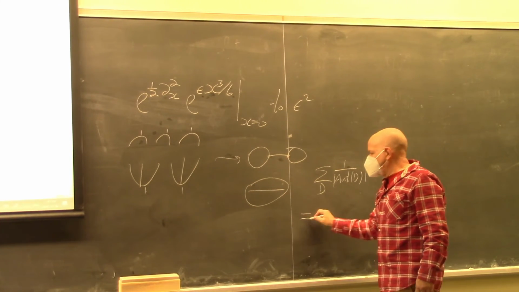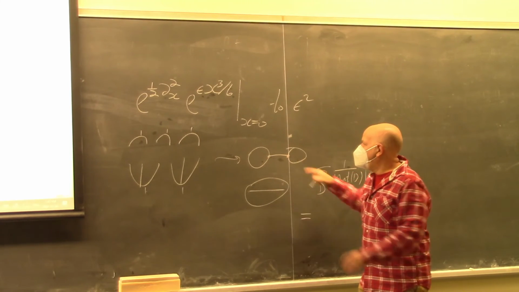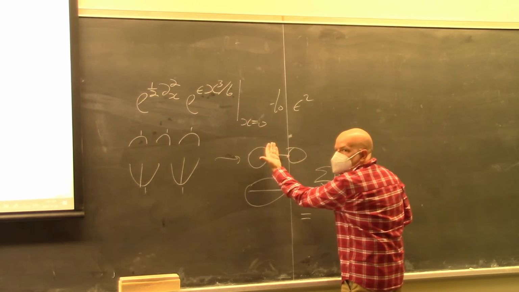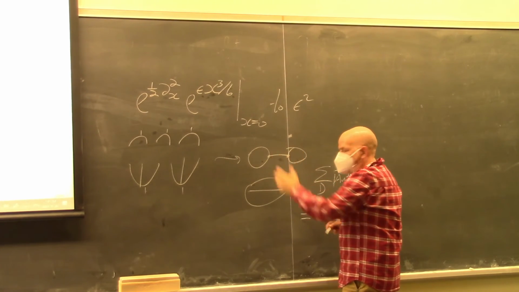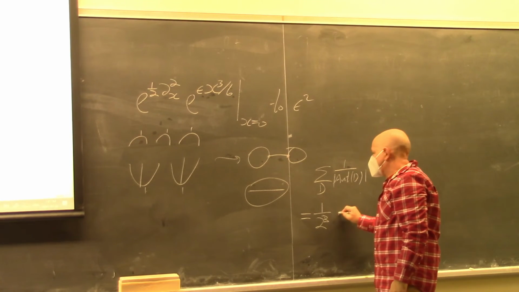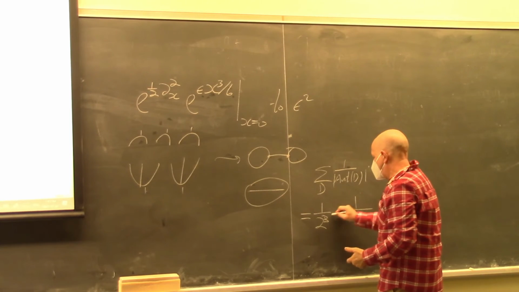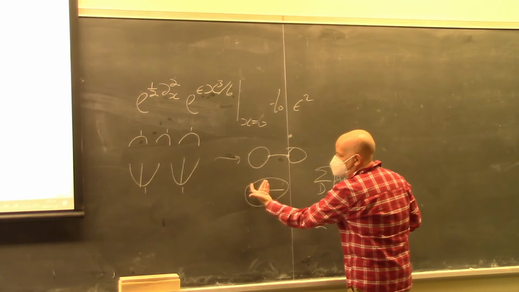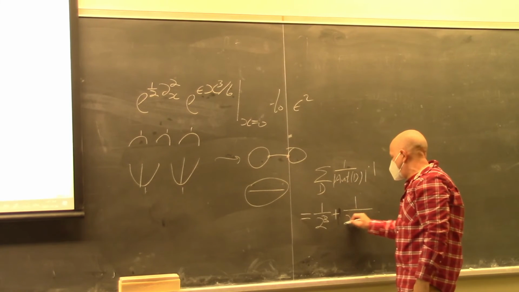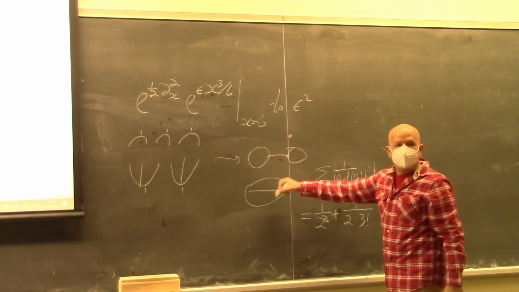So the output should be, so let's see. This diagram has 8 symmetries. So you can flip this, you can flip this, and you can flip that. That's 1 over 2 cubed. And this diagram, so you can flip it this way, plus, you can permute these 3 things in 3 factorial ways. Okay?